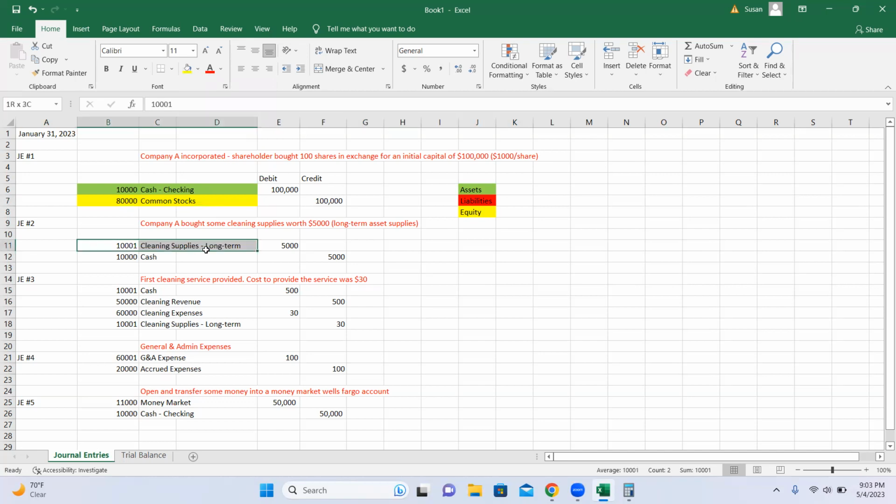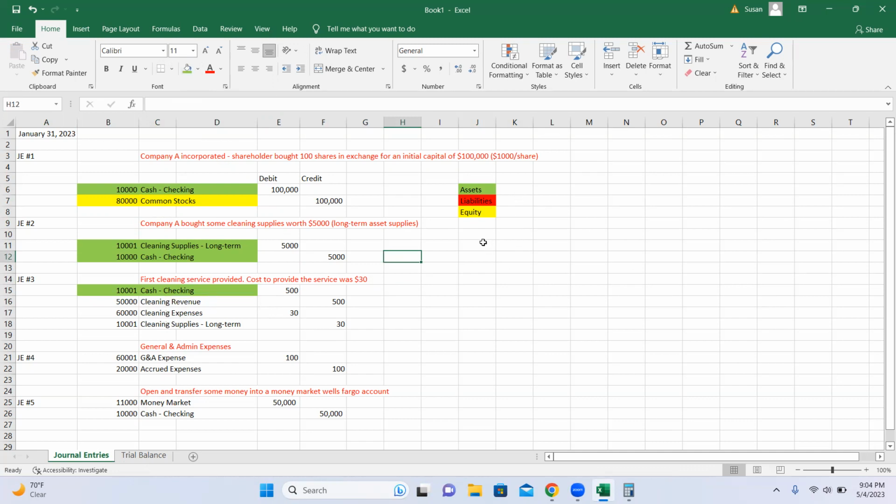Cleaning supplies, these are assets because they bring value and revenue to the company. Same thing with the cash here, and I should probably make these the same. So same thing, cash.